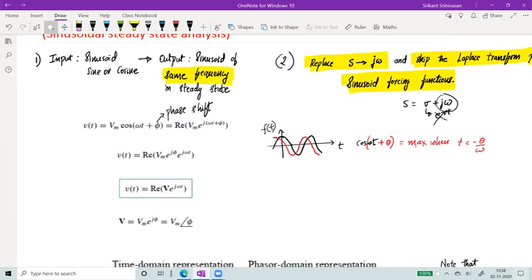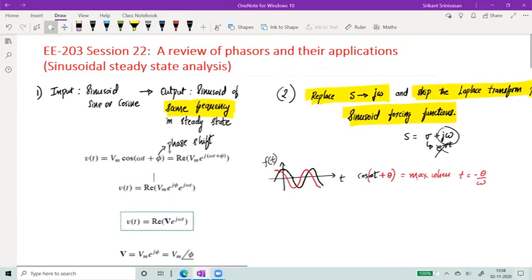Okay, what happened here? It looks like there's a lot of math. It's very straightforward. All we are saying is that supposing I have a function originally which is given by Vm cos(omega t plus phi), then I want to convert it to a representation where I no longer explicitly write this omega t, because what was my first conclusion?